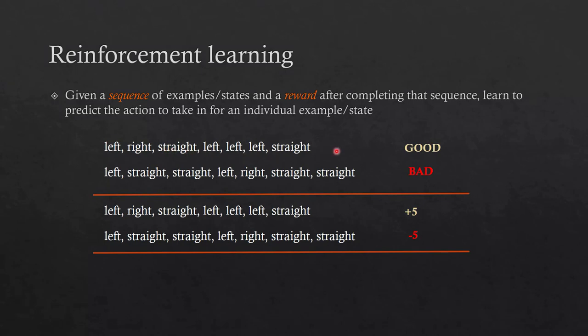For example, let's say we have a maze, and we want the computer to get out of that maze. So basically it goes left, right, straight, left, left, left, straight, and then it learns that, oh, this is a good way, it is leading me somewhere. So it will rate that as good. And if it does something bad, then it will label itself as bad. The computer doesn't understand good and bad, but we can use values for that, for example +5 when it's doing good and -5 when it's doing bad.